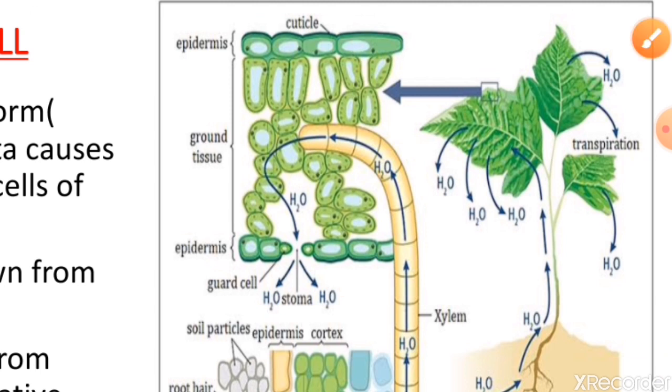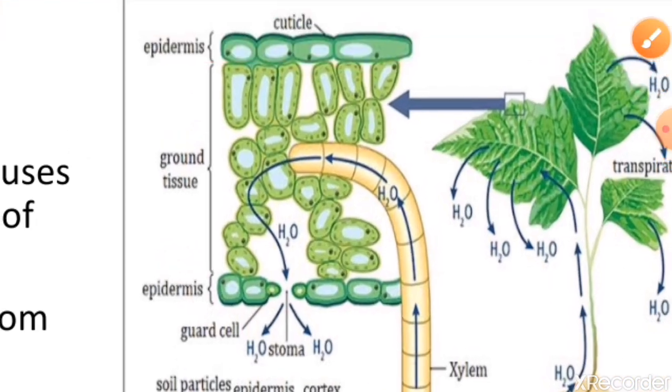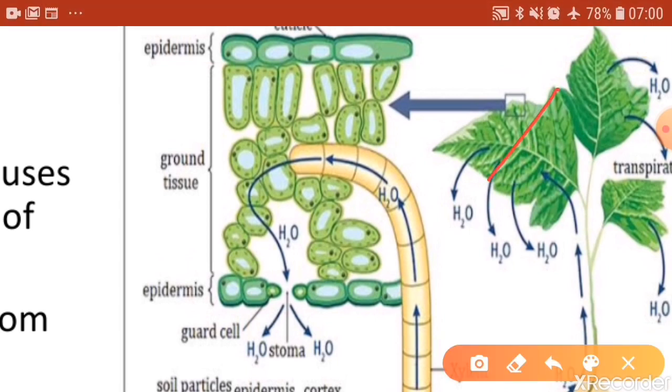And transpiration mainly occurs through the stomata, which are the tiny pores present on the surface of the leaf. This diagram that you see shows the section of the leaf. It is a cross section of a leaf, and this cross section shows the upper epidermis, the lower epidermis, and the mesophyll cells.